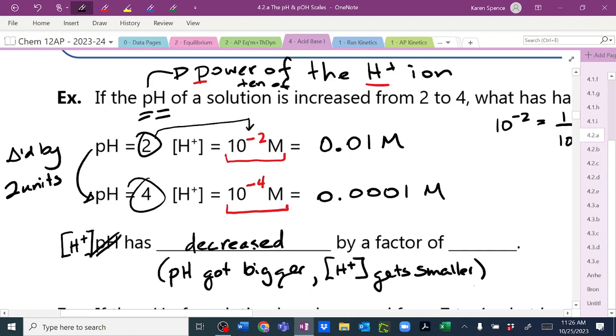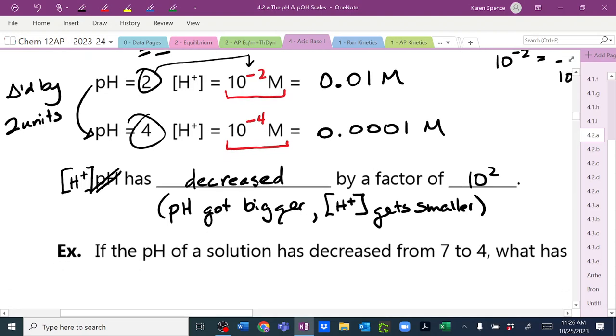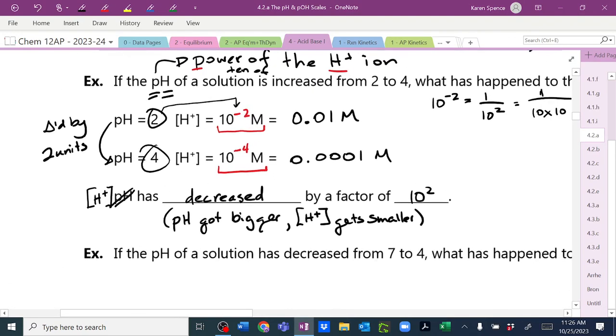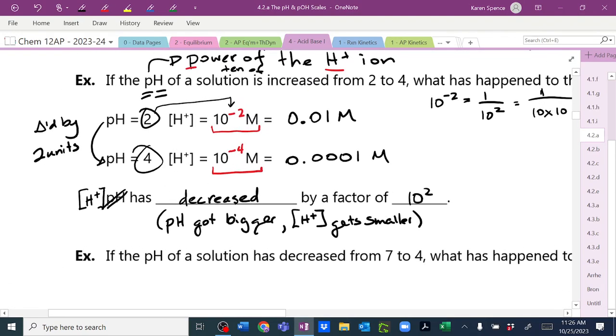Why are we doing this? Oh, I see. So hydrogen ion is decreased by a factor of how much? 10 to the 2. So all you have to do to figure out how much hydrogen is changing, let's say we changed from, oh yeah, here we go, pH decreased from 7 to 4.